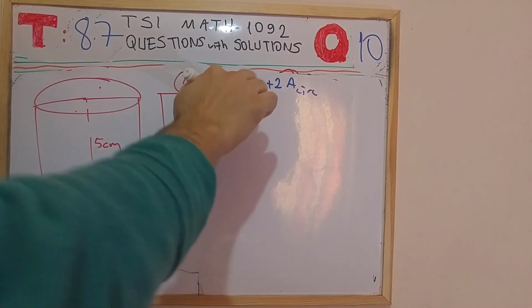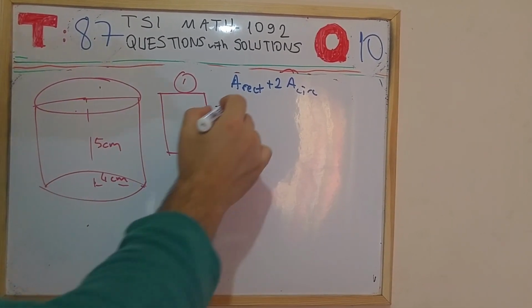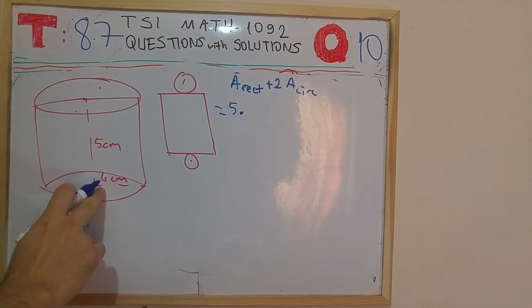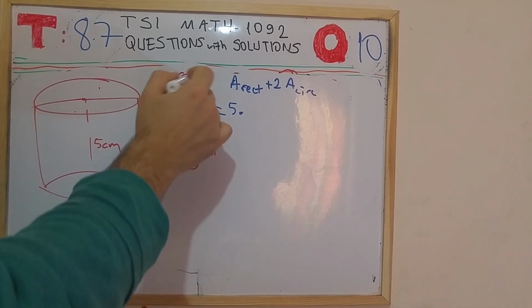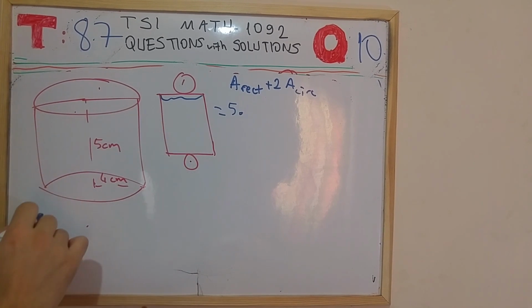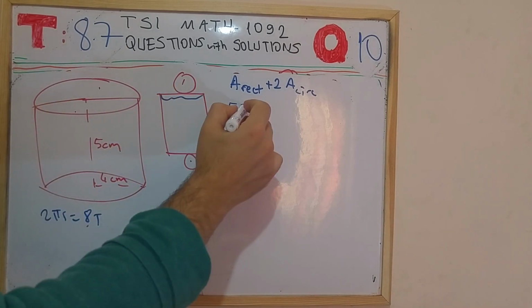The area of the rectangle is, as we see, the height equal to 5 times... we need not the radius, because this side would be the perimeter of the circle. So this is equal to 2 pi r. r is equal to 4, so that's equal to 8 pi.